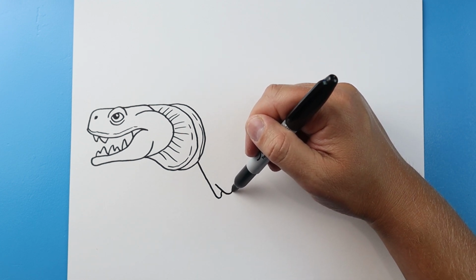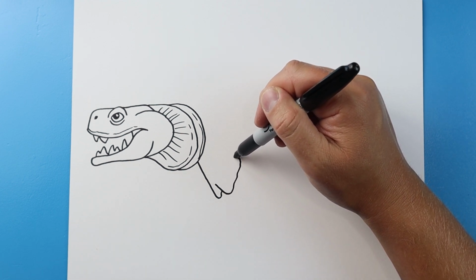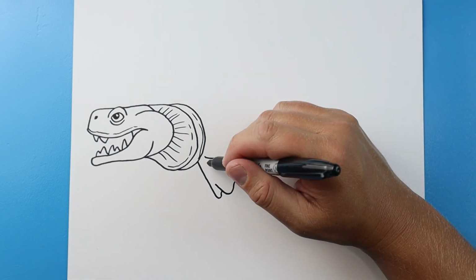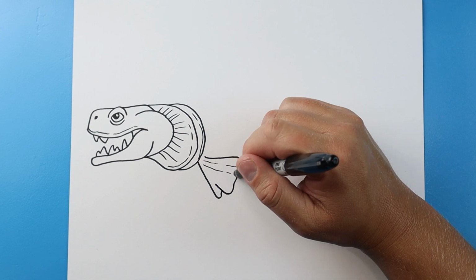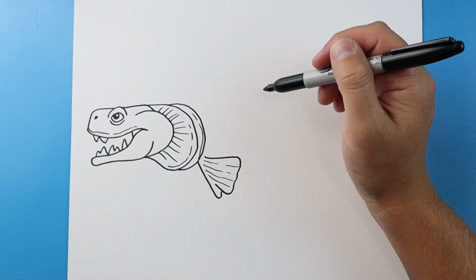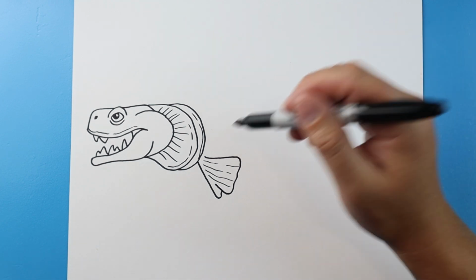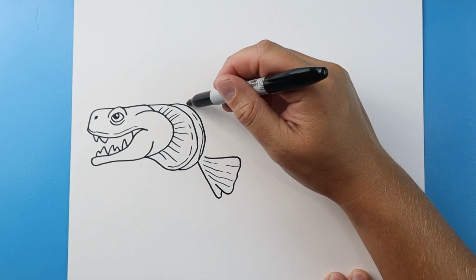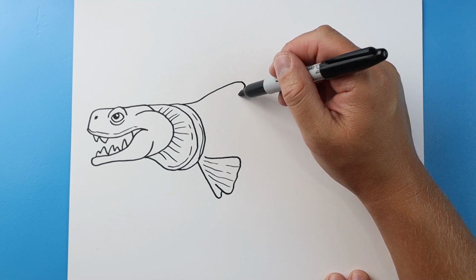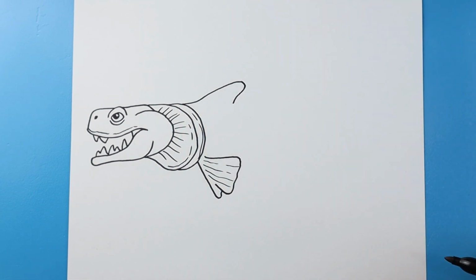And then we're going to go down and make it a little wavy and bring it back here. We're going to make some long broken lines here. Then starting up here, let's draw a line that's going to come up, and then we're going to round it off and bring it back down for the fin.